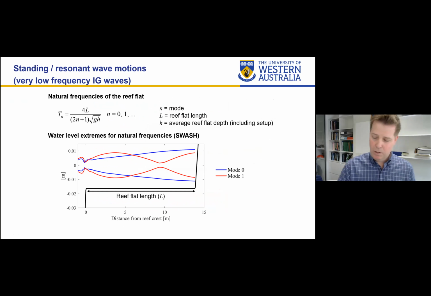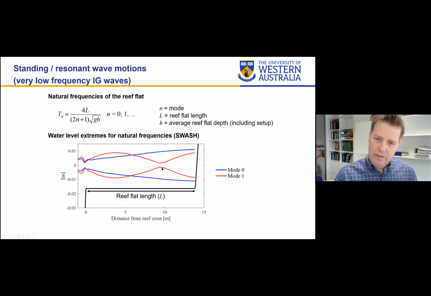As we have these groups of waves breaking, that energy is essentially pumping energy into these natural frequencies, where we get these very low frequency motions on a reef. If we look at the envelope of those motions, we can see we get a node, a minimum in displacement, near the crest, and then one antinode at the shoreline.